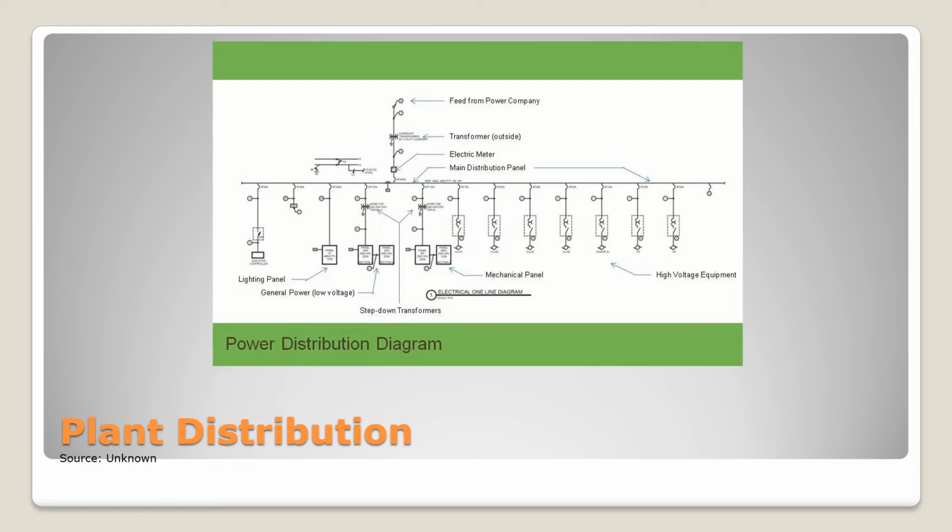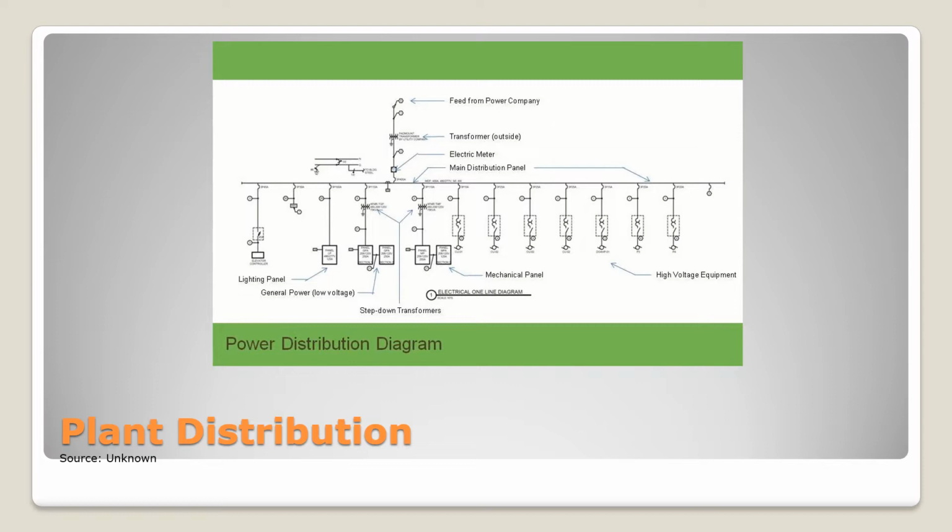The transformer is simply a series of windings. When you get to the AC discussion in your electronics classes, we'll spend more time on transformers, but they're simply sets of coils of wire, and based on the ratio of the number of turns of wire in the primary to the number of turns in the secondary, we can increase or decrease voltage.